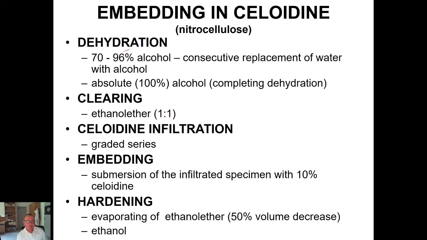Then the tissue is infiltrated directly by celloidin, embedded and hardened. The hardening of the celloidin can be done at room temperature, and it's quite complicated. We have to use evaporation of ethanol ether and then an ethanol bath. The result is a harder block, which can be similar in size but harder than the paraffin block you saw on the previous slide.